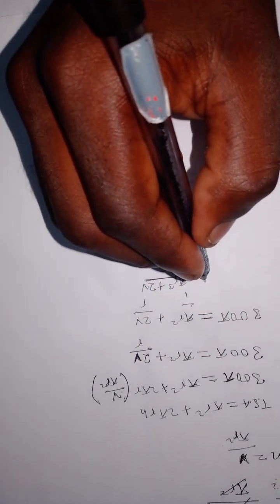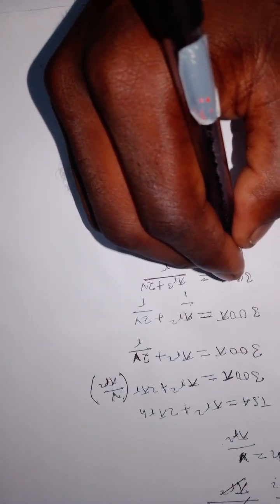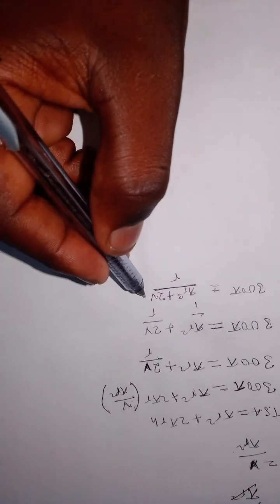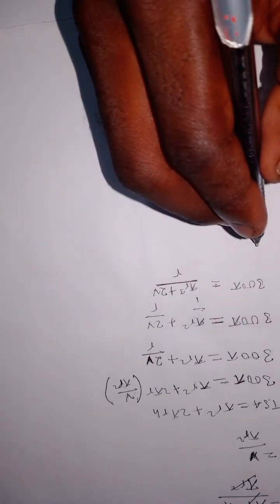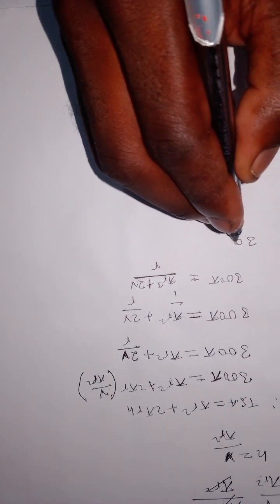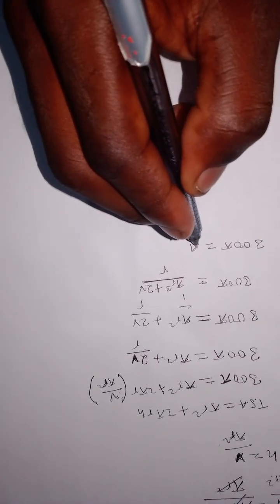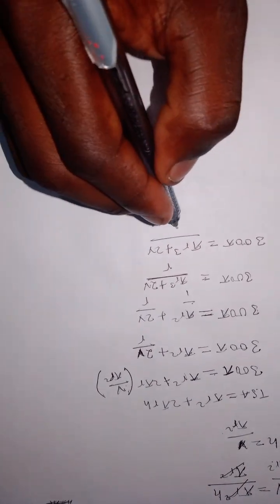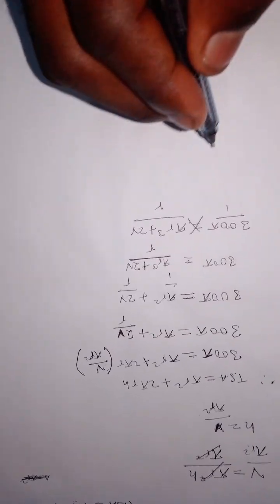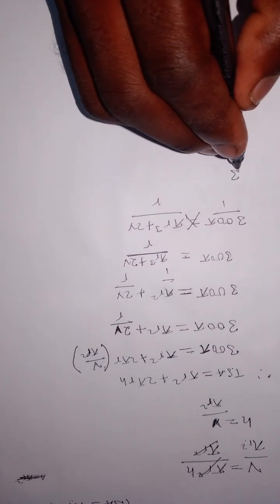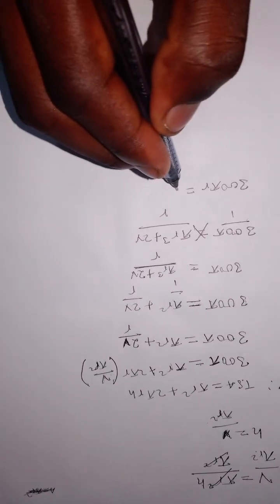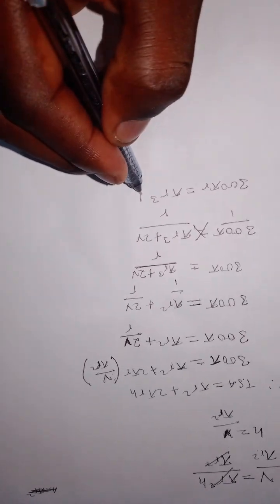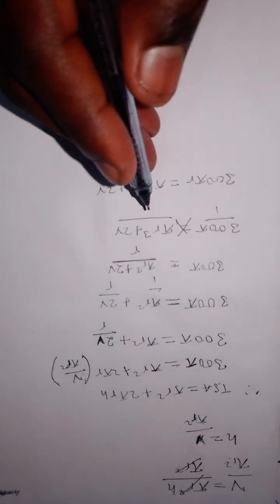So 300 pi is equal to pi r cubed plus 2V over r. We cross multiply, and it is going to give us 300 pi r equal to pi r cubed plus 2V.